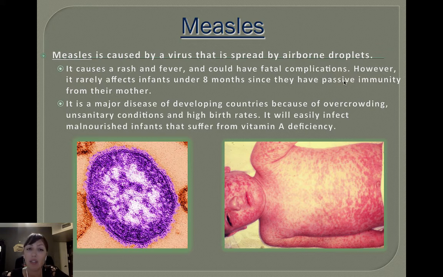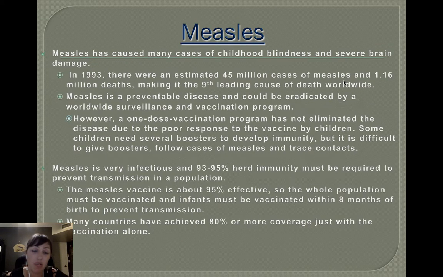It will easily infect malnourished infants that suffer from vitamin A deficiency. Measles has caused many cases of childhood blindness and severe brain damage. In 1993, there were an estimated 45 million cases of measles and 1.16 million deaths, making it the 9th leading cause of death worldwide.